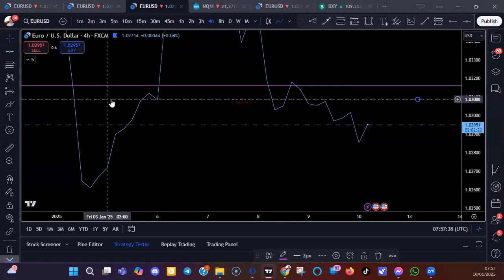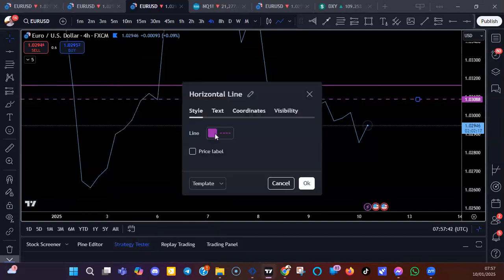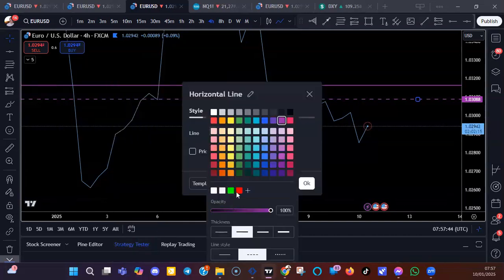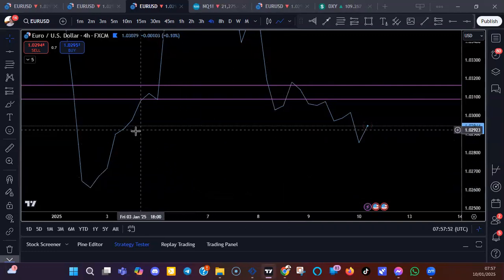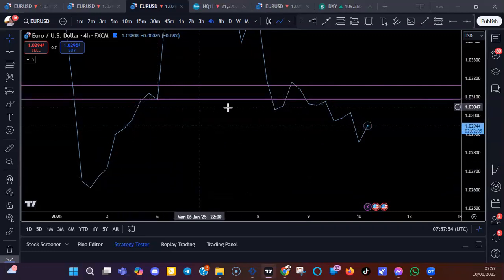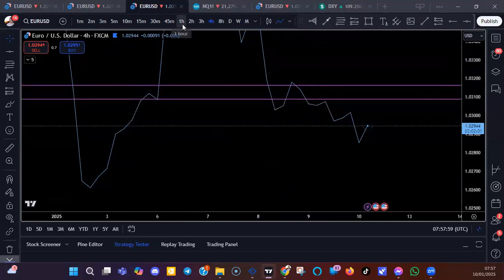Oh, what a solid line. Settings. Solid line, there we go. So as you can see, we've had support there and resistance there, but that's about it.